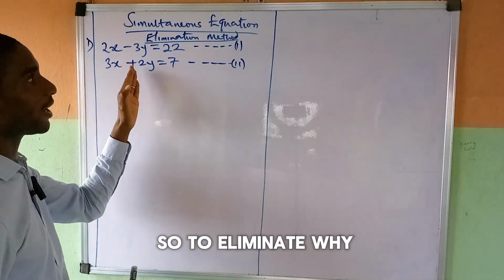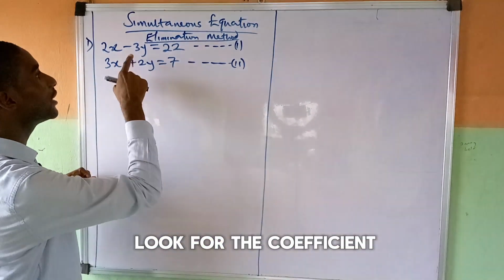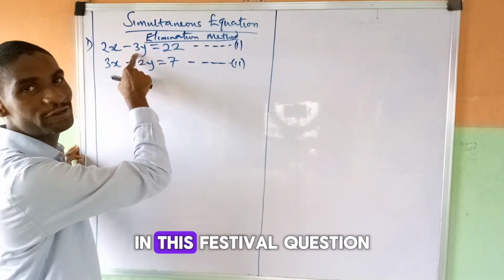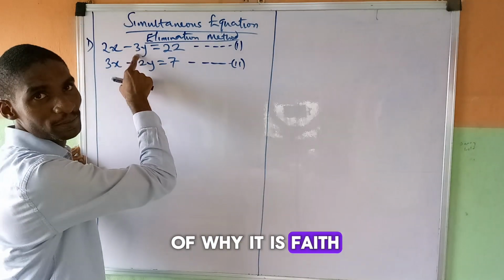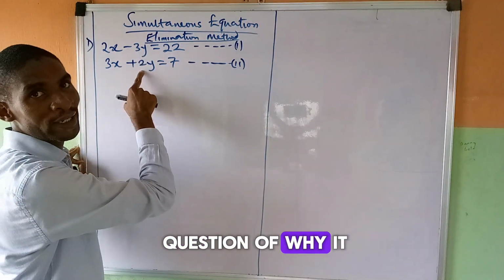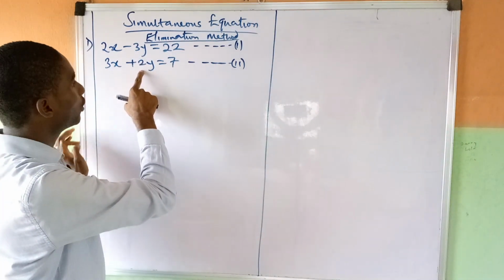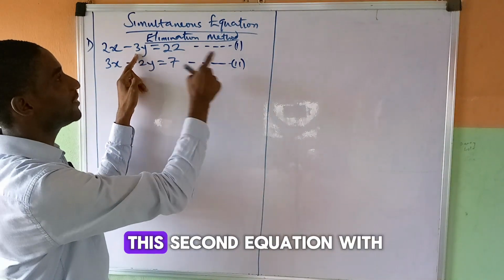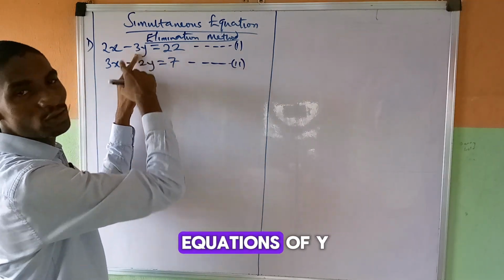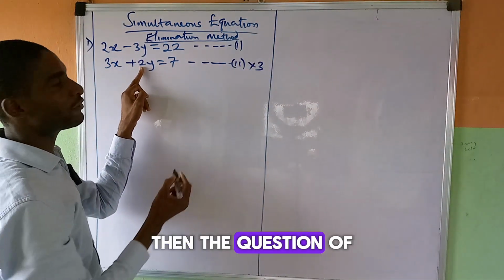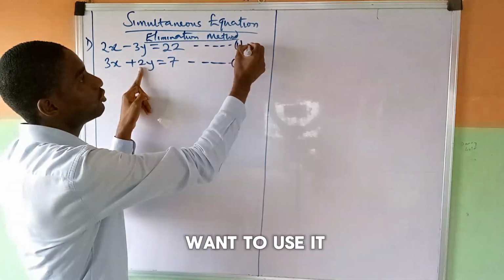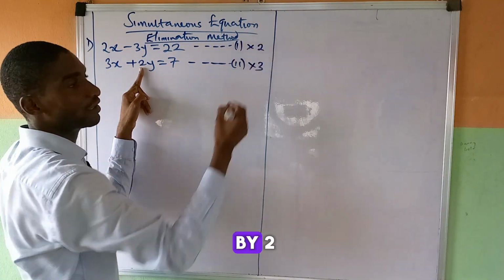To eliminate y, you look for the coefficient of y in each equation. What is the coefficient of y here? It is 3. And what is the coefficient of y here? It is 2. So you multiply the second equation by 3, and you multiply equation 1 by 2.